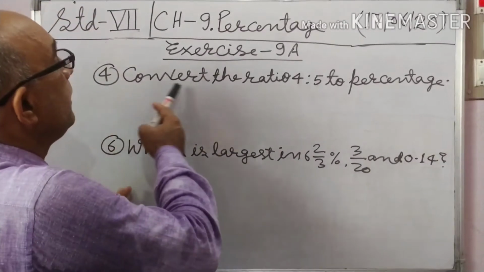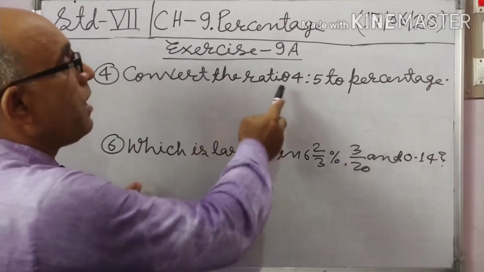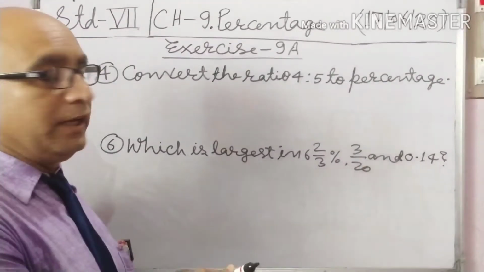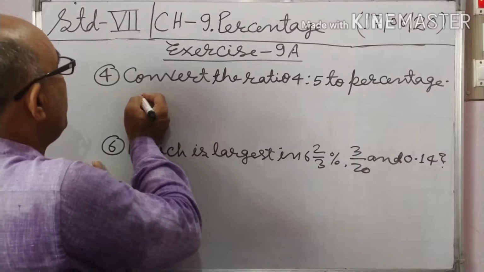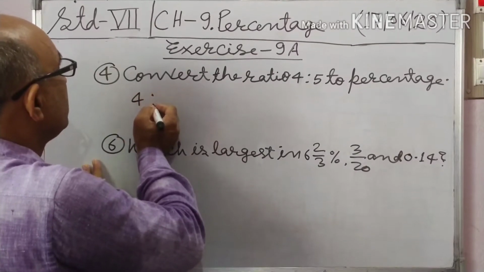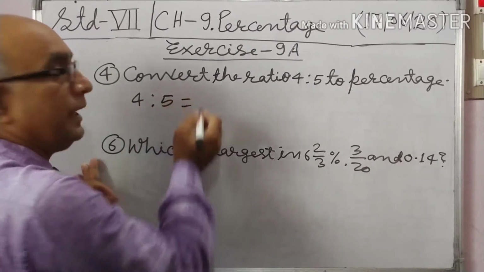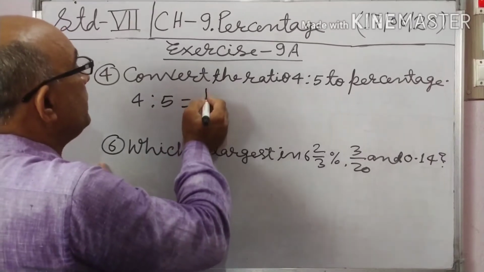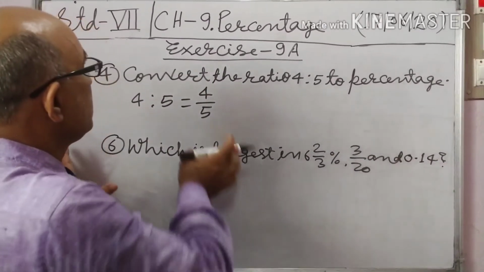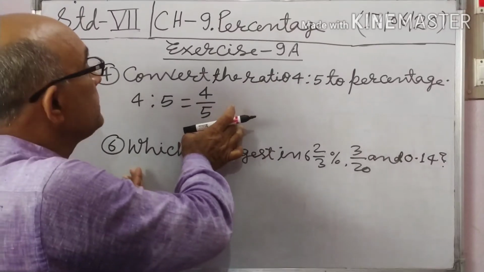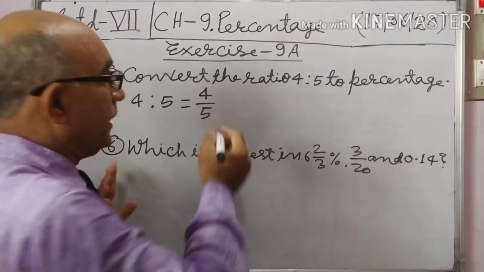Question number 4: convert the ratio 4:5 to percentage. Change 4:5 into percentage. So write 4:5, which means 4 by 5. Any fraction we have to change into percentage, we multiply it by 100%.